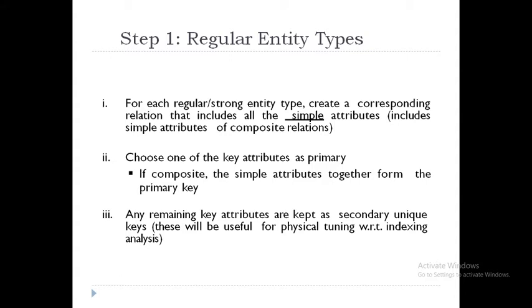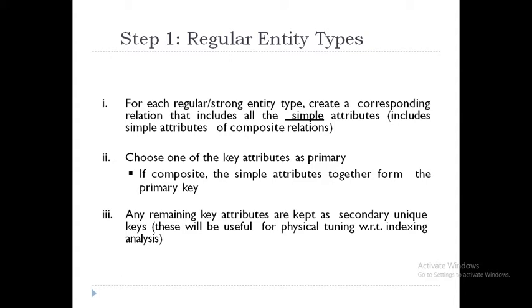That means we can uniquely identify the individual objects in the entity set using one or two attributes, which will form the primary key. If we have a key attribute in the entities, then it is called a strong entity type. For each such strong entity type, we have to create a relation.